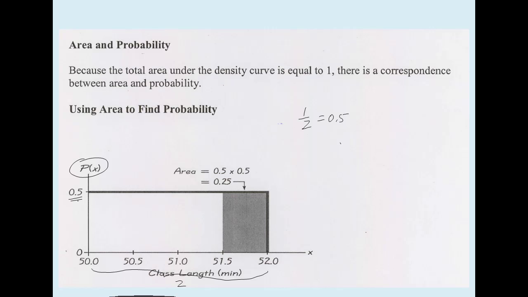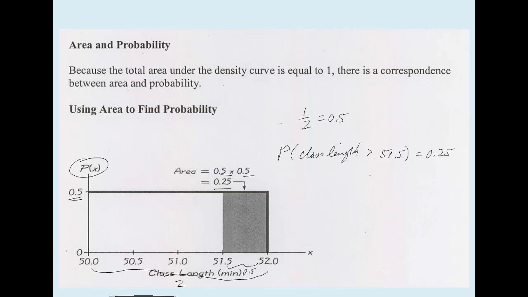the constant probability of 0.5. So if I want to know the area under the curve from here to there, so for 51 to 54, it's 0.5 times 0.5 gives me 0.25. So what that means is the probability that the class length is greater than 51.5 minutes is equal to 0.25.